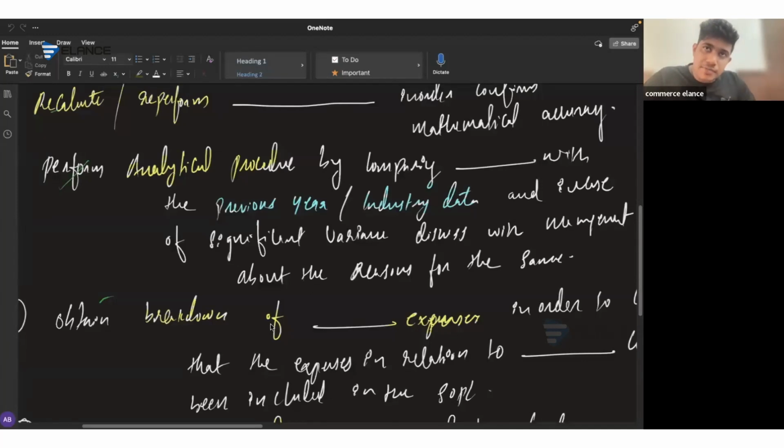We know that when it comes to redundancy provision, that balance will not be there in the previous year because redundancy was not there for the prior year. So in that case, it's better to compare with the industry data. You can include it like that: perform analytical procedure by comparing the redundancy provision of 110,000 for dashing company with the industry data, and in case of significant variance, discuss with the management.